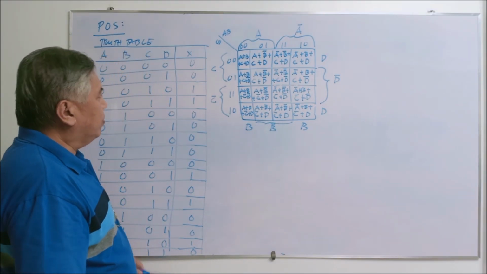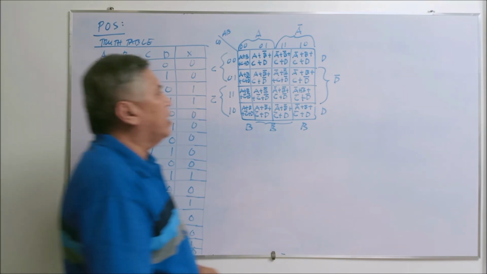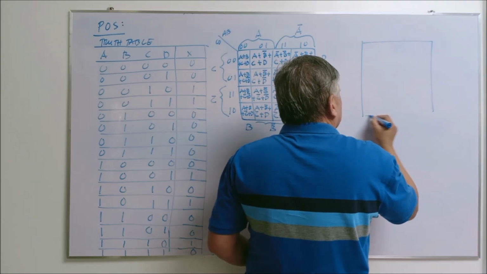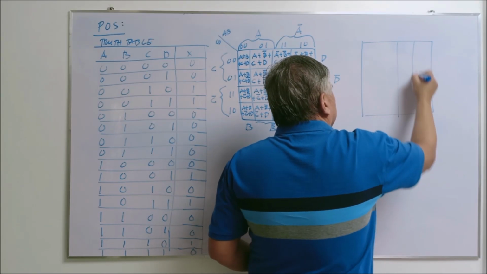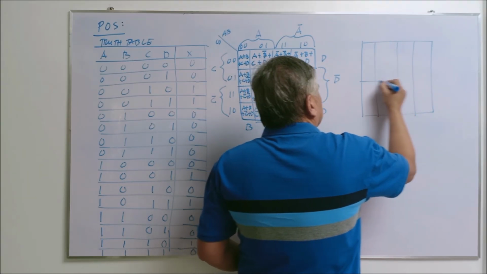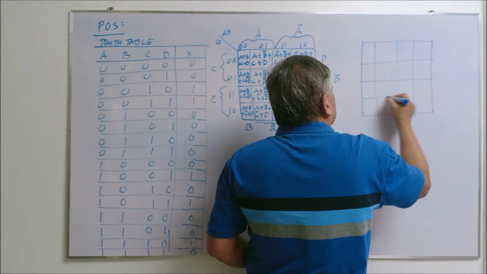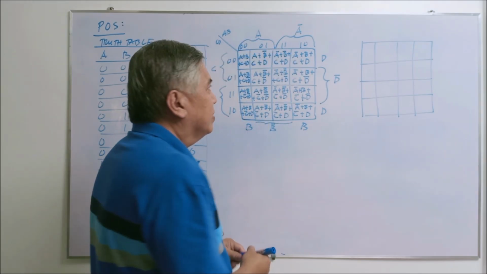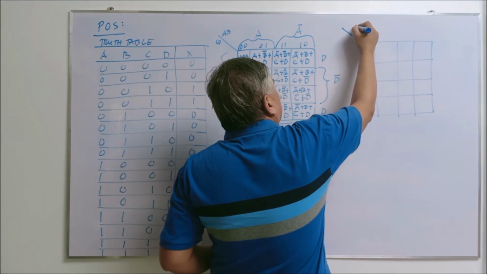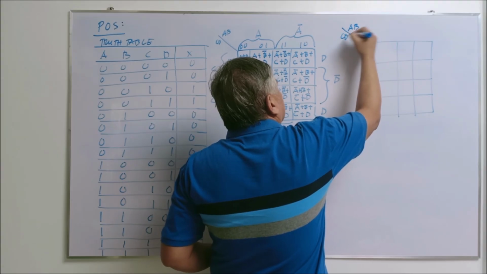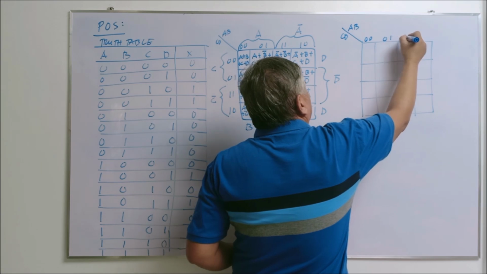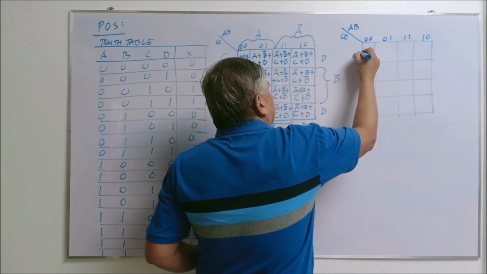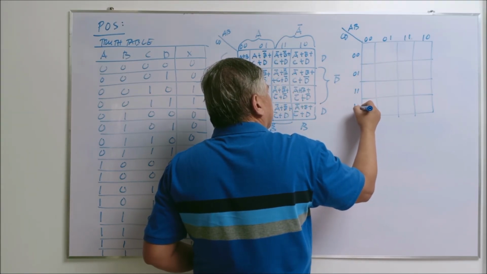Then we locate the X here in our map. So we draw here a map again. Then you have A, B, C, D, with values 0, 0, 0, 1, 1, 1, 1, 0, and 0, 0, 0, 1, 1, 1, 1, 0.